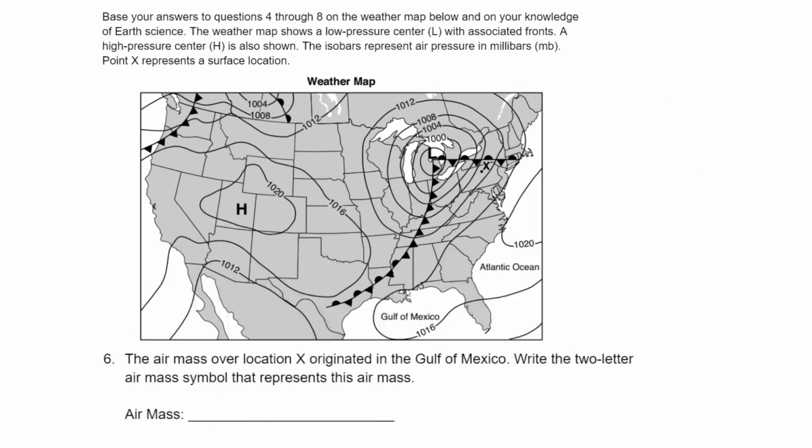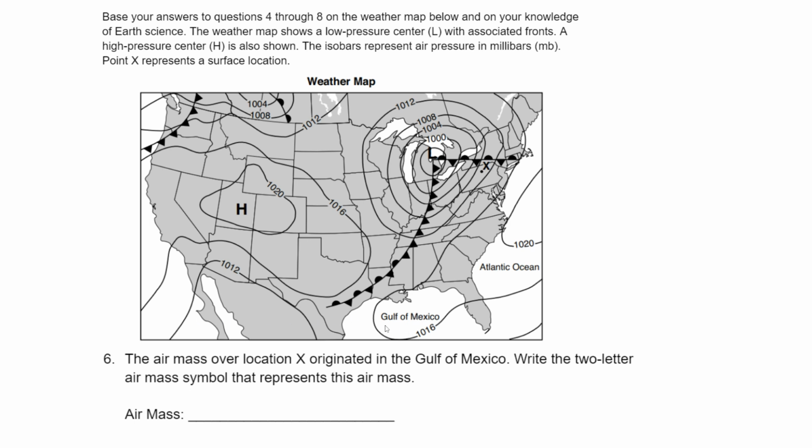All right, number 6. The air mass over location X originates in the Gulf of Mexico. So location X is right here, and the air mass over location X actually came from the Gulf of Mexico. Write the two-letter air mass symbol that represents this air mass. The Gulf of Mexico is over water, right?